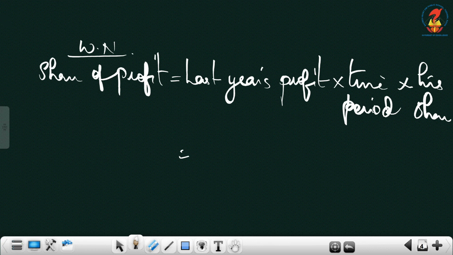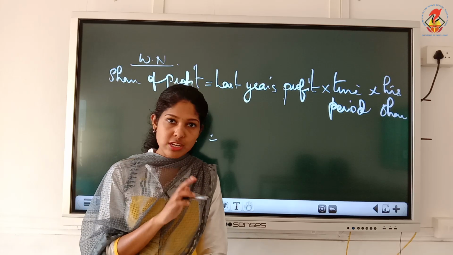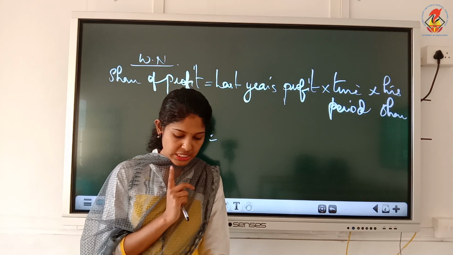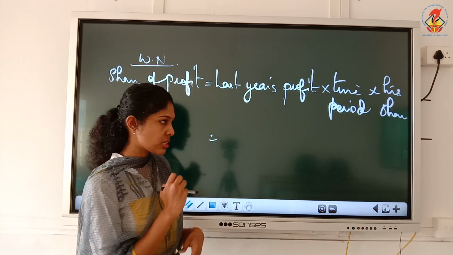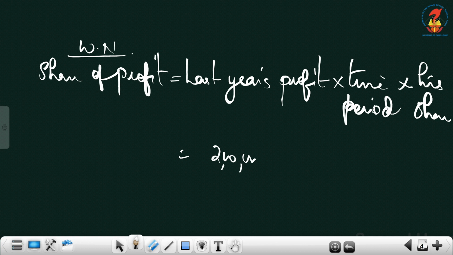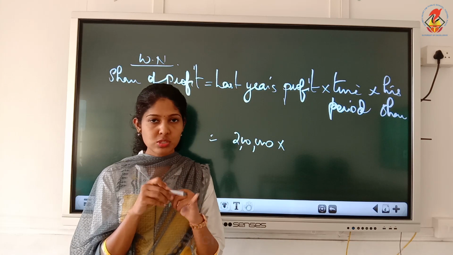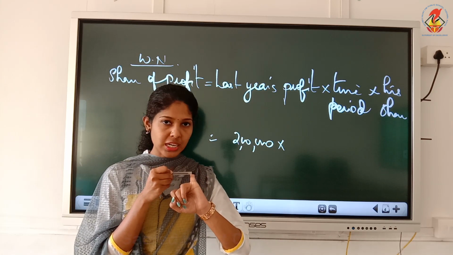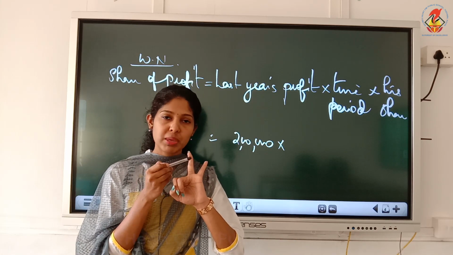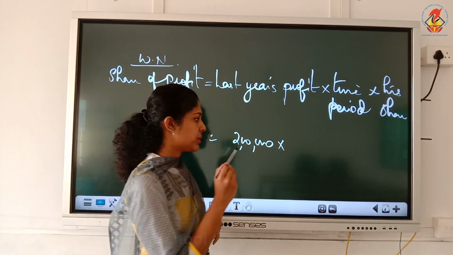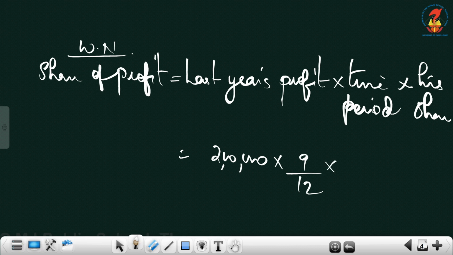Understood? So last year's profit, it's given in adjustment 2. Did you see 2016, 2017? So last year's is 2 lakhs, that is the 2019 figure, into time period till the date of death. When did he die? He died on 30th September. So start counting from April, starting of the year: April, May, June, July, August, September, October, November, December. So that is for 9 months. Into his share. What is his share?